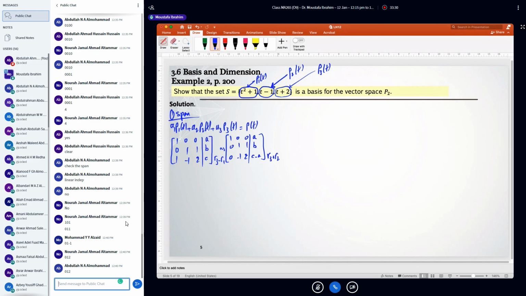R3 plus R2. So we get 1, 0, 0, A. 0, 1, 1, B. 0, 0, 3, C minus A plus B.